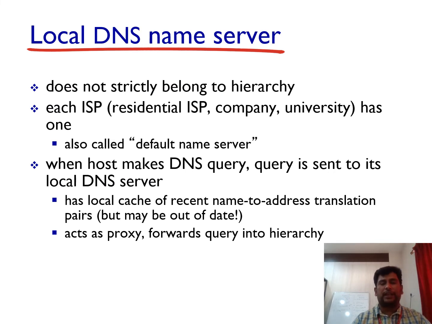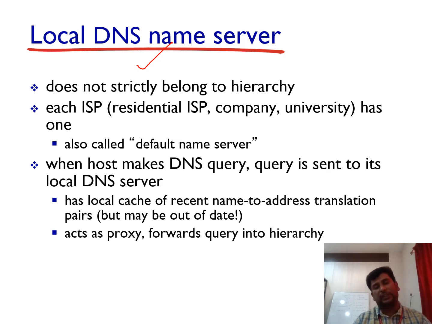As mentioned earlier, the first query made by a user is not forwarded to the other servers, but to a local domain name system server. This does not directly belong to the hierarchy. Each ISP has a local DNS, whose other name is the default name server.